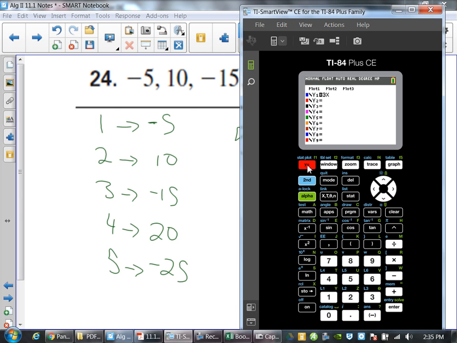Eric was trying to tell me that it's -5 to the nth power, and I told him why it's not. If it's negative 5, it would be negative 5, negative 25, and so on. So 5x times negative 1 to the x, you said? I'm getting all negatives. Oh, because you did negative 1 to the x inside the parentheses. Oh, yep. So I have to do negative 1 in parentheses.